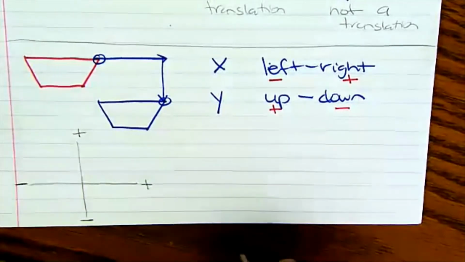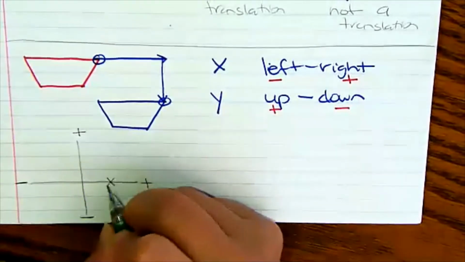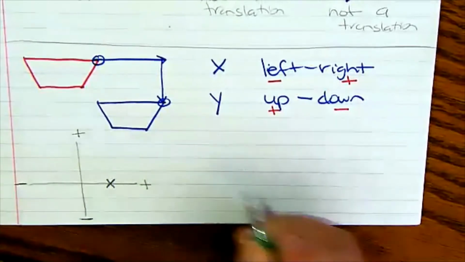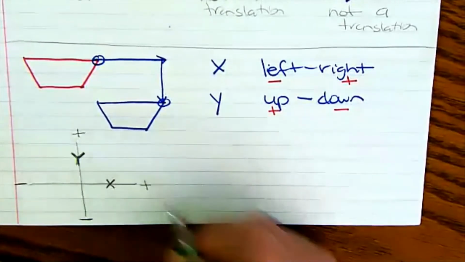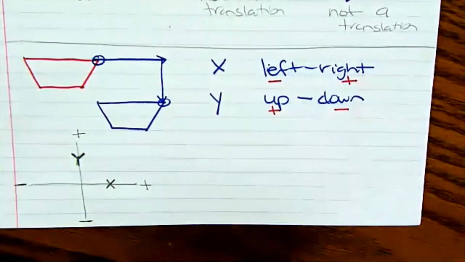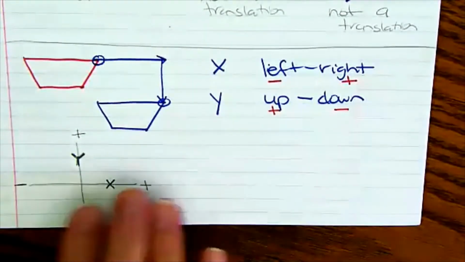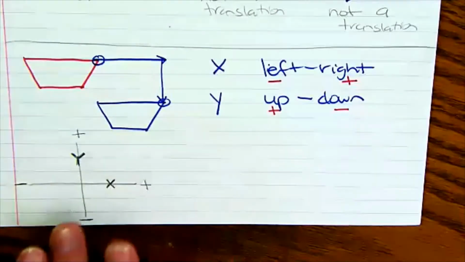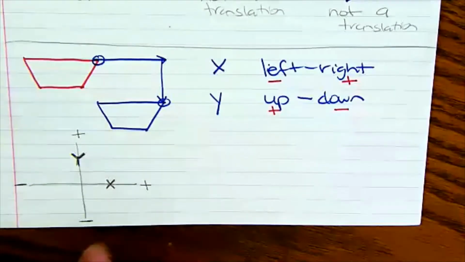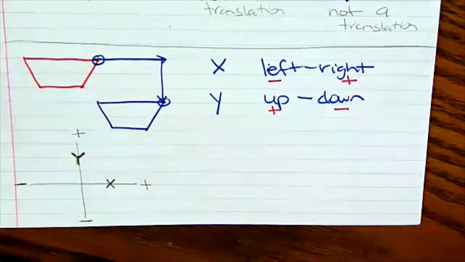And you just have to remember that this is your x-axis and this is your y-axis, okay? So when we're sliding left and right, we're talking about the x-axis. When we're sliding up and down, we're talking about the y-axis.